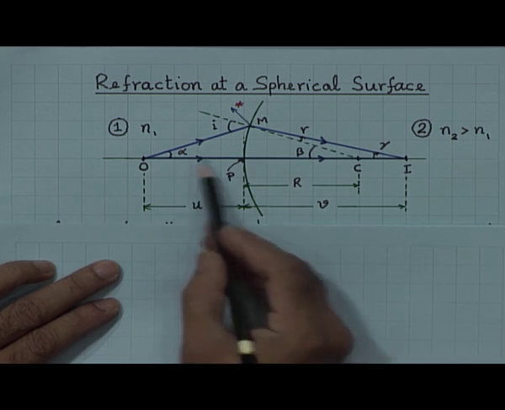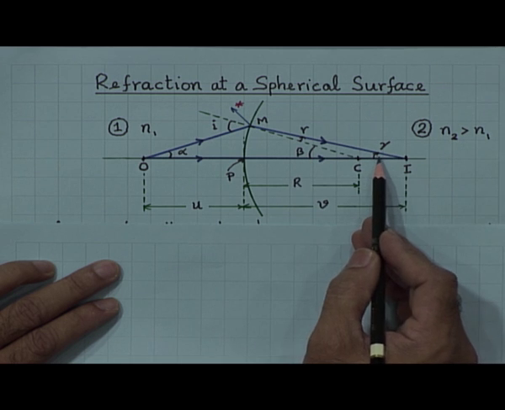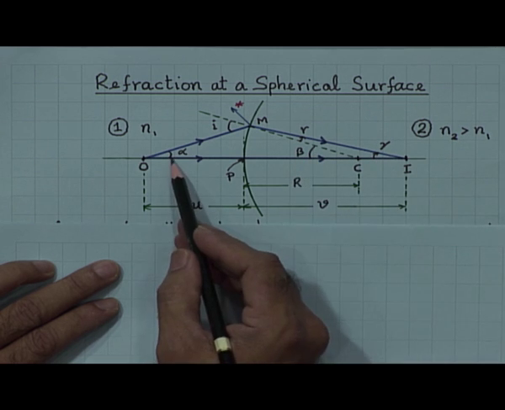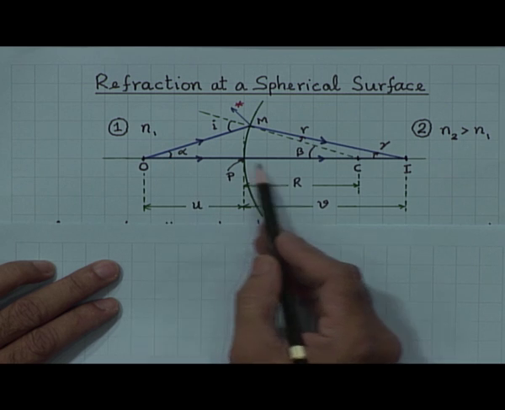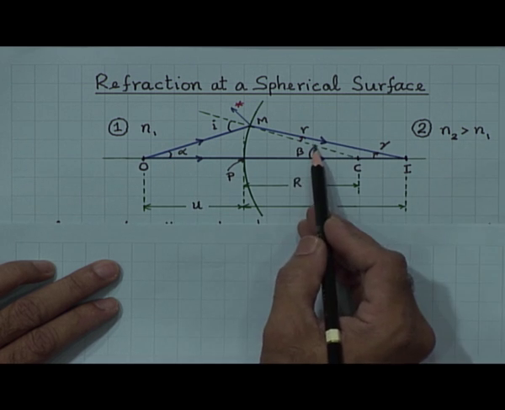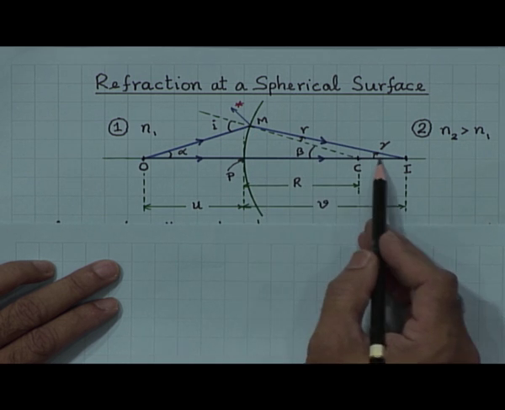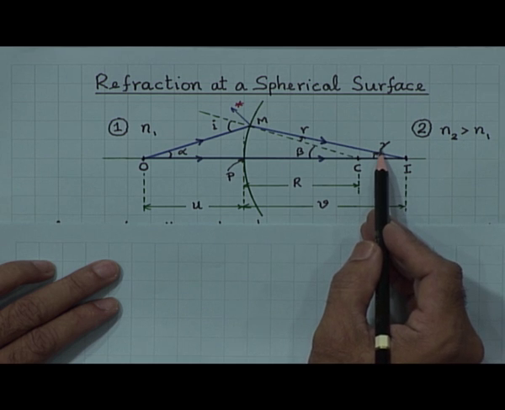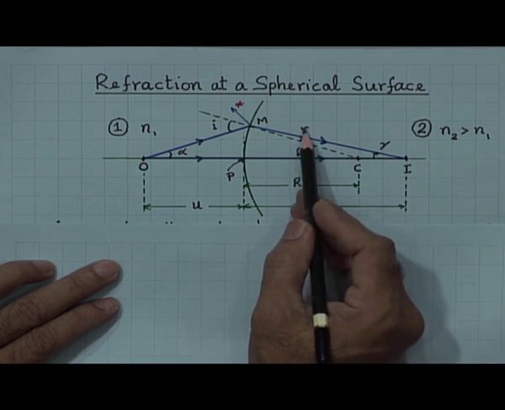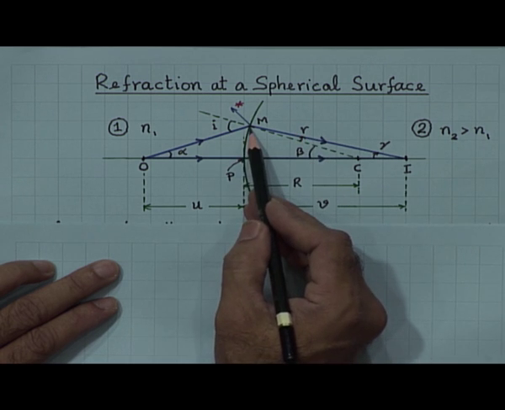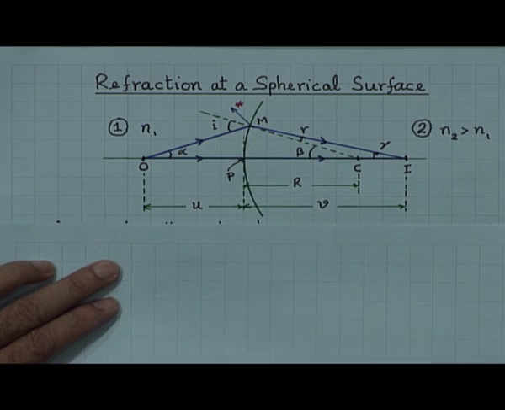Alpha, beta and gamma are the angles as shown in the figure. Alpha is the angle subtended with the axis, beta is the angle subtended by the normal with the axis, this is gamma, and this is r, the refracted angle at the point of incidence m.